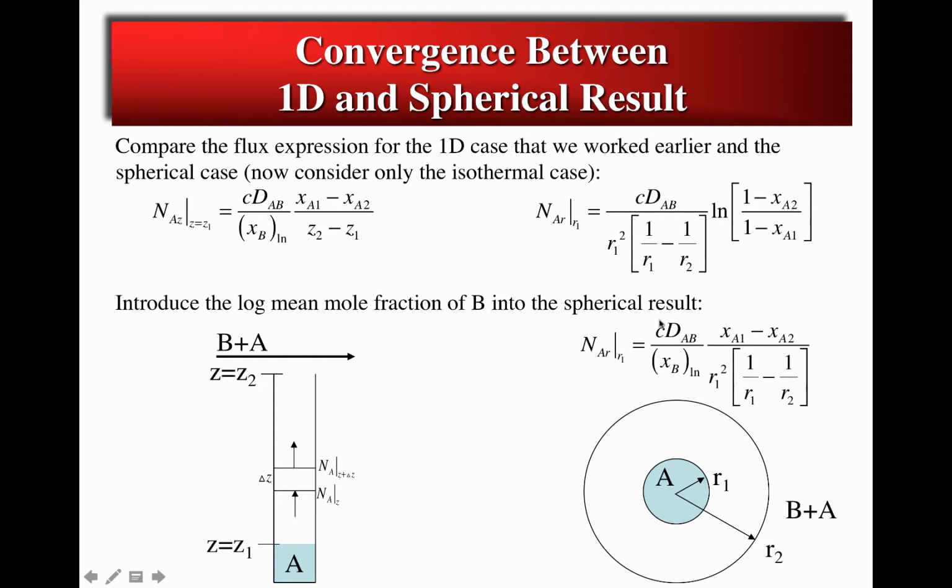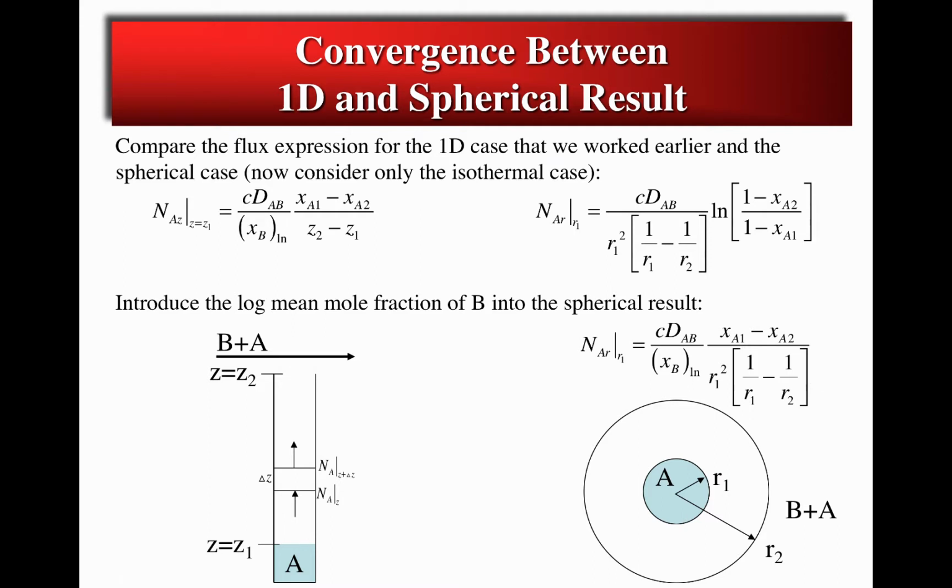Similarly to the Stefan tube case, there's nothing that prevents me from introducing the log mean average of the inert gas B into the spherical result and rewriting that expression as shown here. There's absolutely no approximation in that. It's perfectly rigorous to do so.